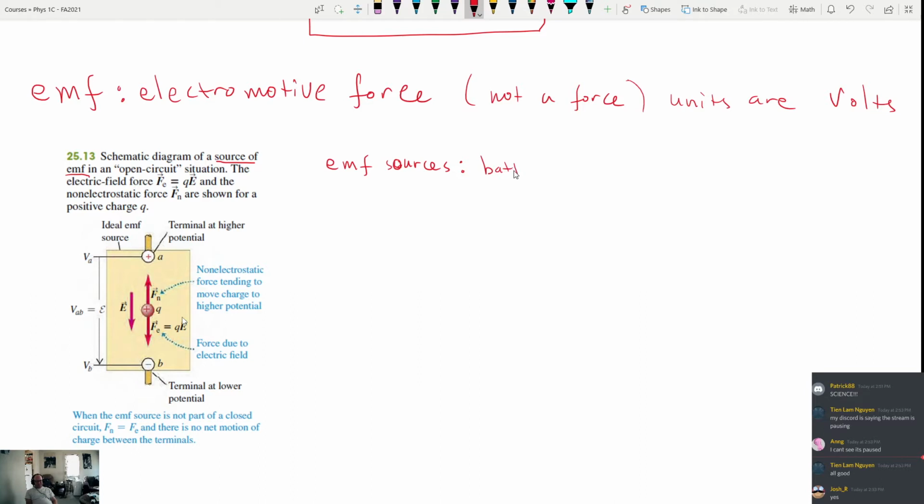Examples of EMF sources would be, obviously, a battery. The things that you used in the labs this week were just called power supplies. Very uninteresting name. There's also things like solar panels. What else? How else do we get electricity?